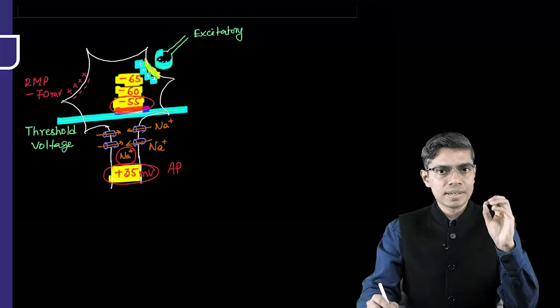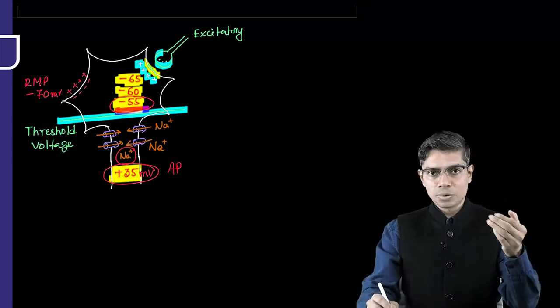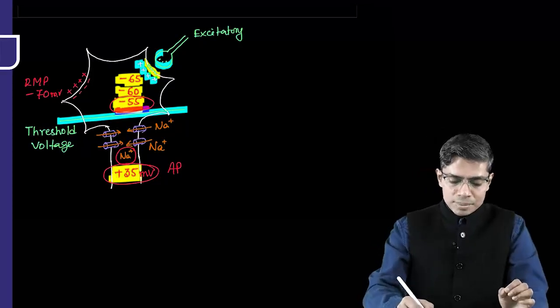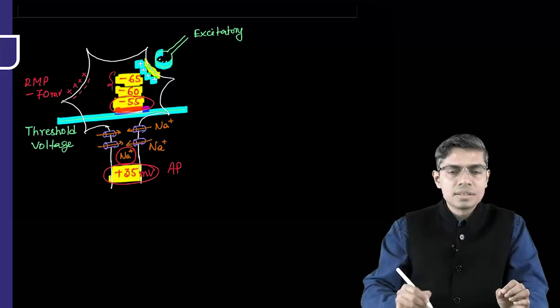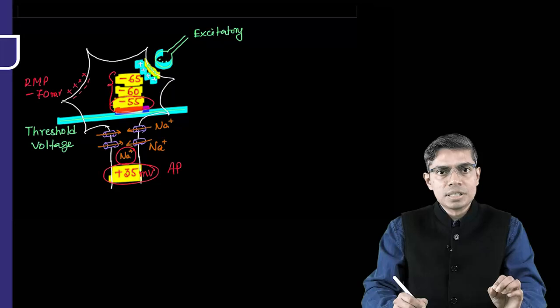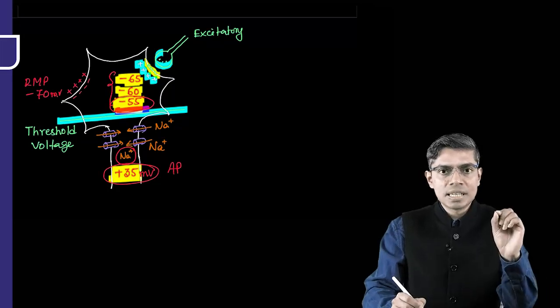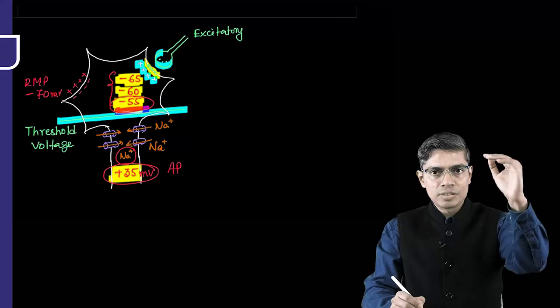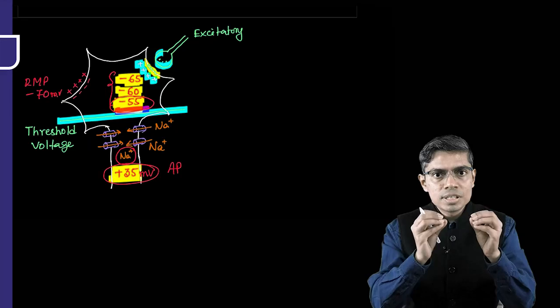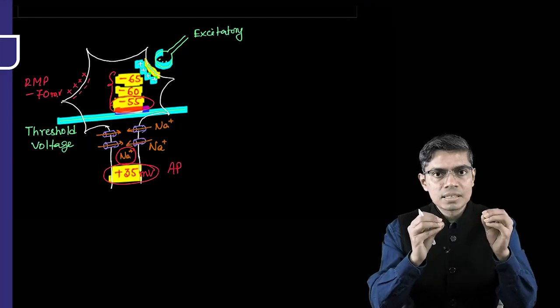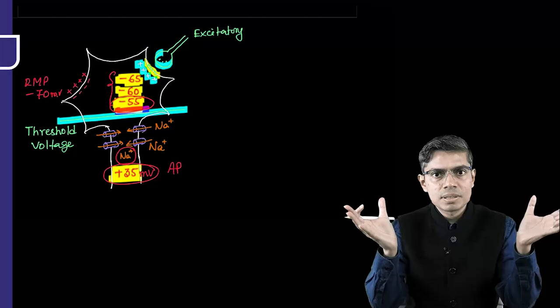If I just revise quickly: whenever you give a stimulation, what will happen? The membrane voltage will gradually rise towards the threshold voltage. If the membrane voltage is minus 70, it will gradually rise towards threshold voltage. Whenever you cross the threshold voltage, almost all the voltage gated sodium channels present at the level of the initial segment will open up suddenly.